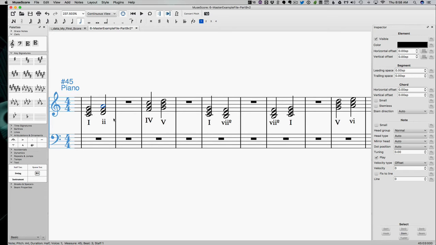This idea of parallel fifths and octaves being bad is really relegated to counterpoint and 18th, 19th century harmony. If you're writing a pop song and you have parallel chords, that's totally fine.